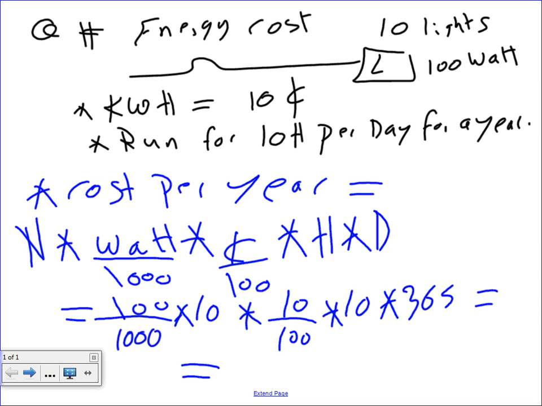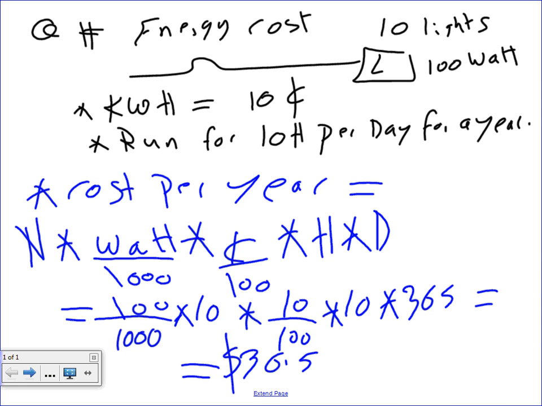Seems low. Phil? $36.5? $36.50. Everybody came up with this? $36.5.